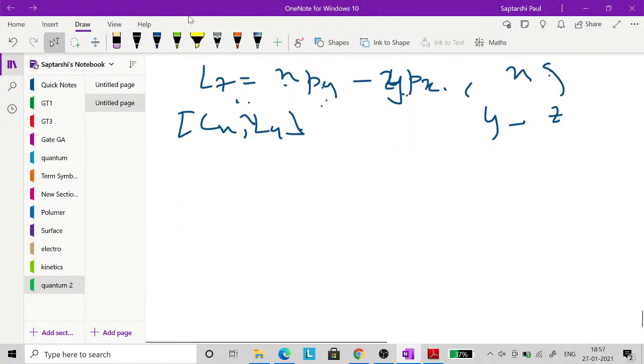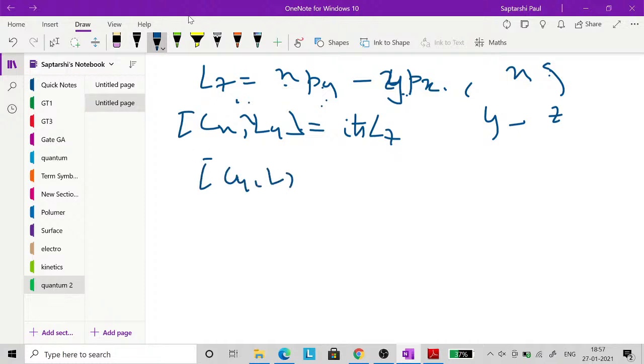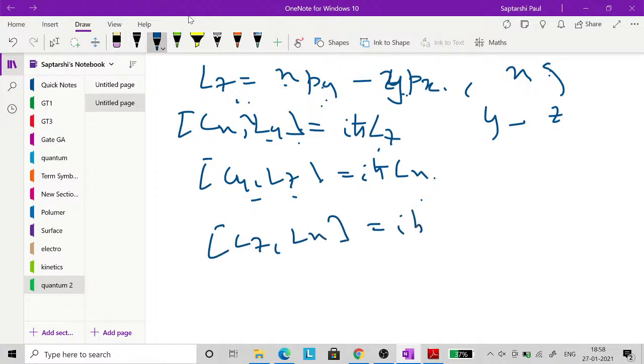So you see some commutator relations. Lx Ly equals ih cross Lz. Your Ly Lz equals ih cross Lx, following the cyclic order xyz, yzx. Lz Lx equals ih cross Ly.